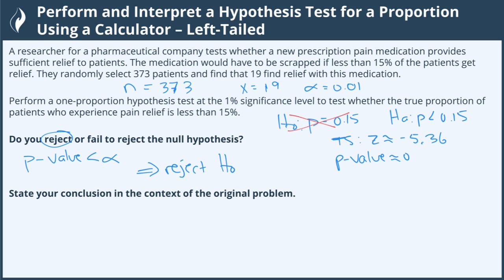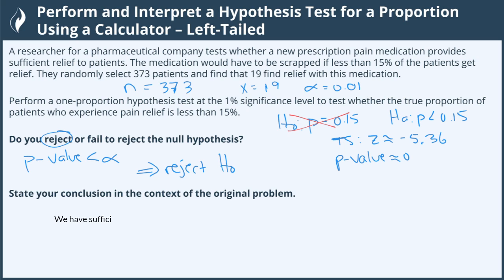So I'm supporting the alternative. I'm supporting that p is less than 0.15. So we're going to say that, let me just put this here.